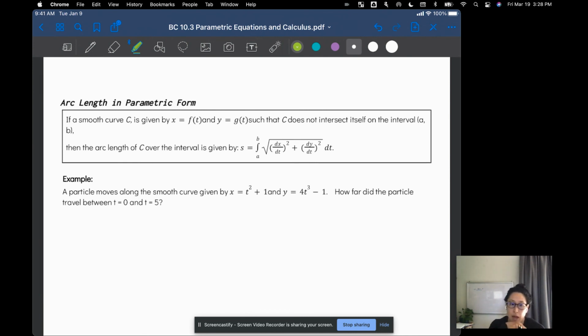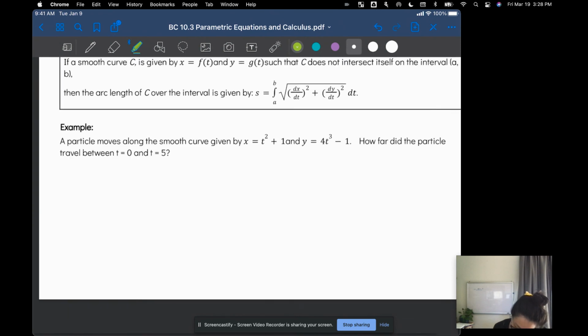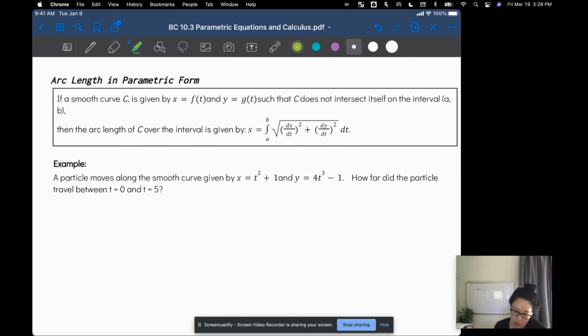Okay, so if you have a smooth curve given by C, where you have a parametric equation defined by a third variable, what we can do is find the arc length by taking the integral from a to b of the square root of (dx/dt) squared plus (dy/dt) squared, dt, with respect to time. Okay, and usually these are a calculator question, so I am going to use my calculator to do this. We're going to set up the integral, and then we're going to find the length.